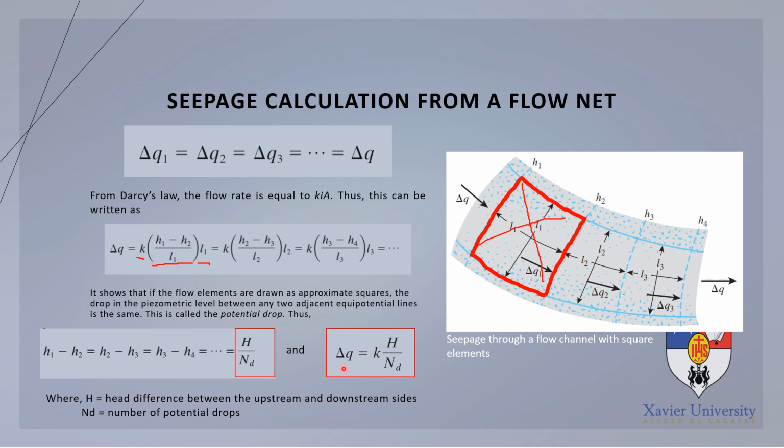So therefore, our flow rate now becomes this one, K times H over ND, where H is the head difference between the upstream and the downstream sides, and ND is the number of potential drops, the number of squares or approximate squares in a flow channel. So muna siya ang equation na dayon nga atong gamiton for the calculation of seepage from a flow net.